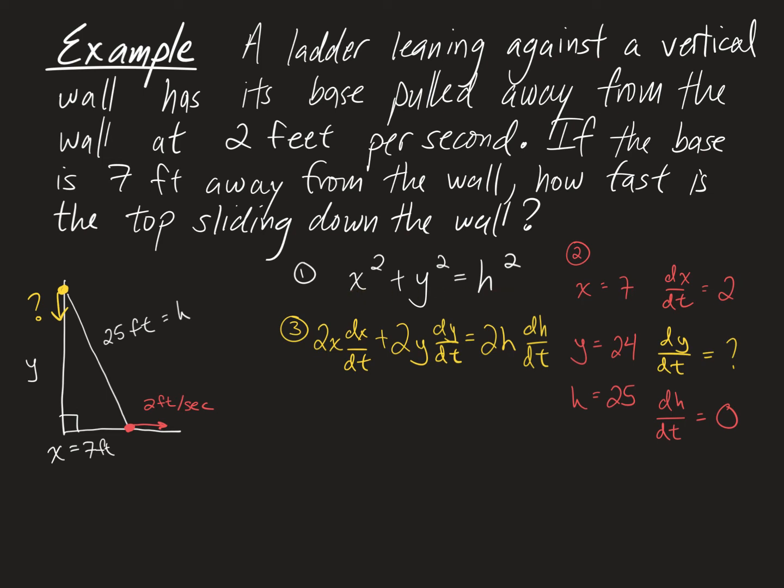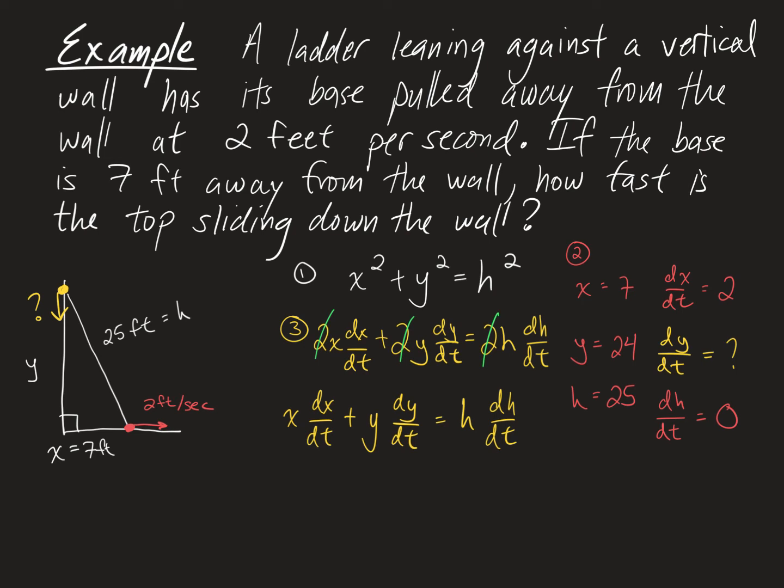Now we can do a little bit of simplifying before we even get into substituting values in for our variables and rates, and that is by dividing every term by 2. So here's the cleaned up equation of that.